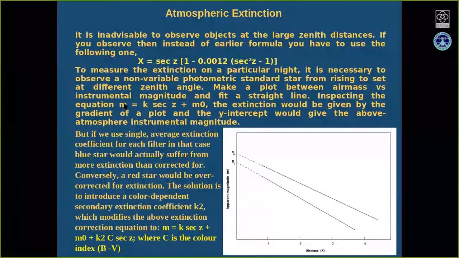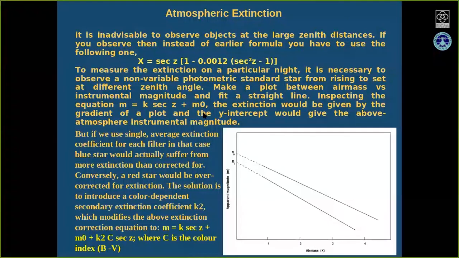This m is nothing but your magnitude. Okay, this is instrumental magnitude, and this sec z is nothing but your air mass. Because y is equal to mx plus c, this k is nothing but the slope of this curve. Okay, this slope k we call the extinction coefficient. This slope is nothing but the extinction coefficient.